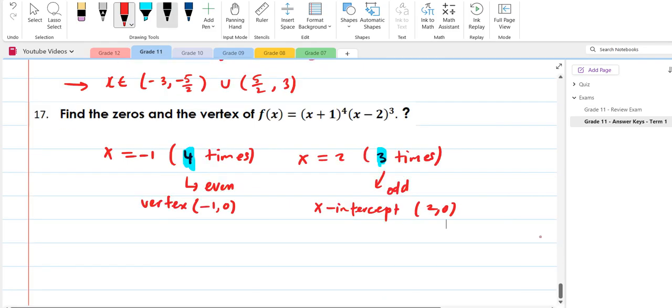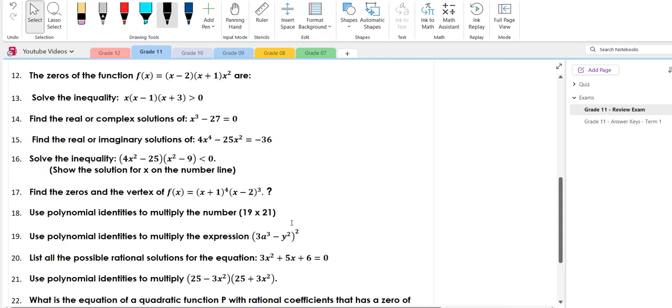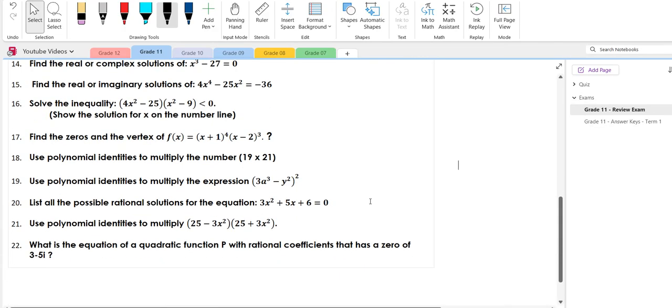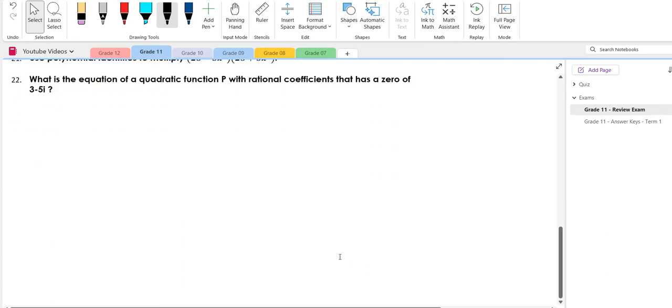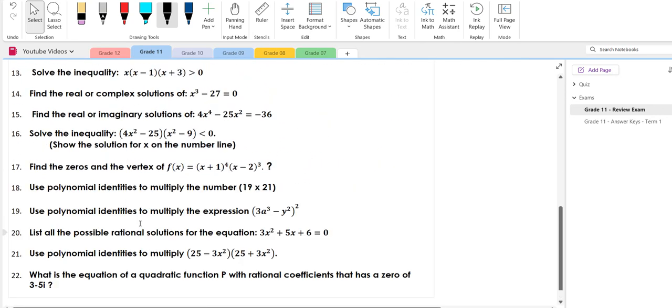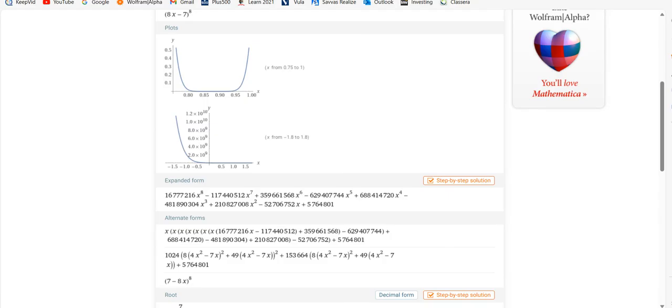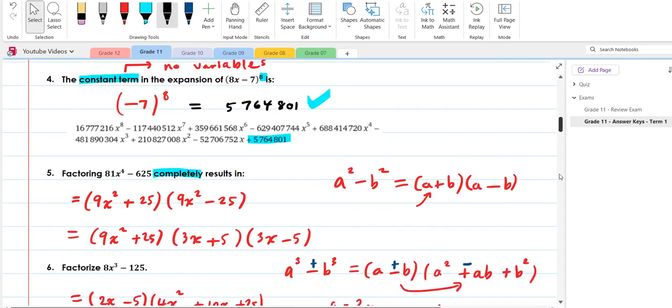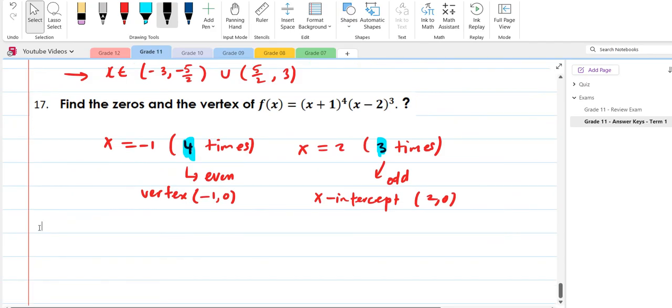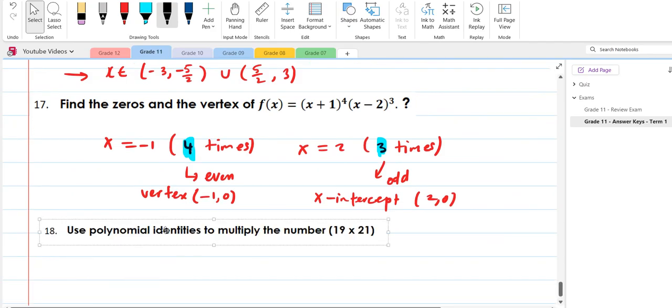Continuing on to the next question, question number 18. It says use the polynomial identities to multiply the number 19 times 21.